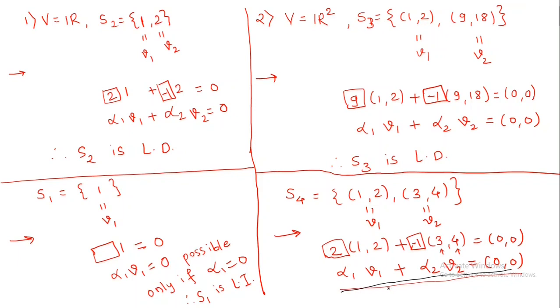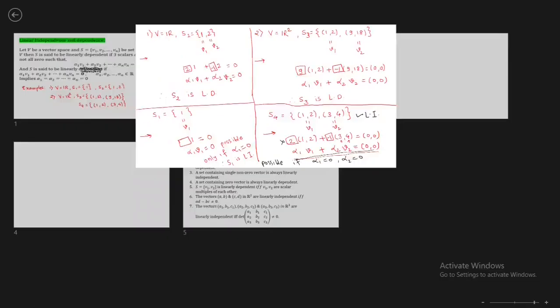So alpha 1 should be 0 and alpha 2 should be 0. Therefore this set is linearly independent. Okay, now whatever calculations we have done here, this is for understanding purpose.